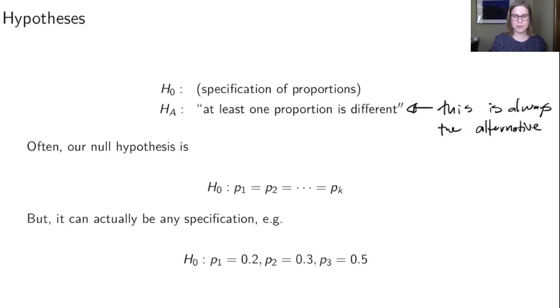A lot of times it's that all the proportions are equal, so P1 is equal to P2 is equal to all the way out to PK, where K is the number of groups. But it doesn't have to be that all the proportions are equal. It can be any specification that you specify. So you could say, I think that P1 is going to be 0.2 and P2 is going to be 0.3 and P3 is going to be 0.5. That would be fine for your null hypothesis, but your alternative is always going to be at least one proportion is different.